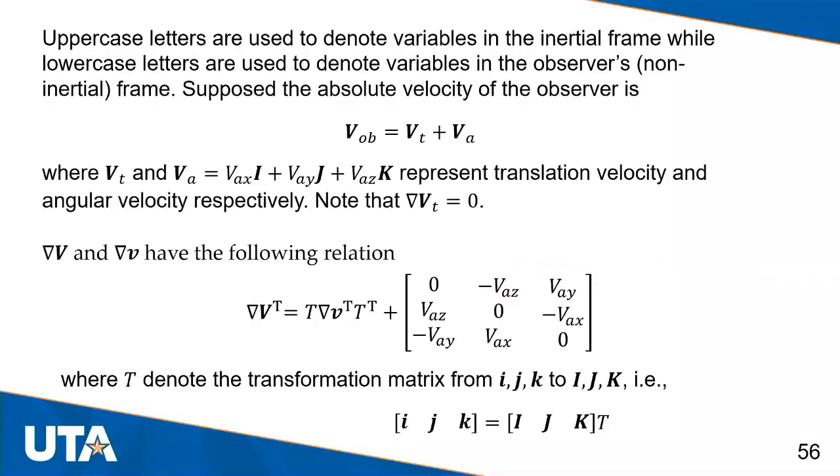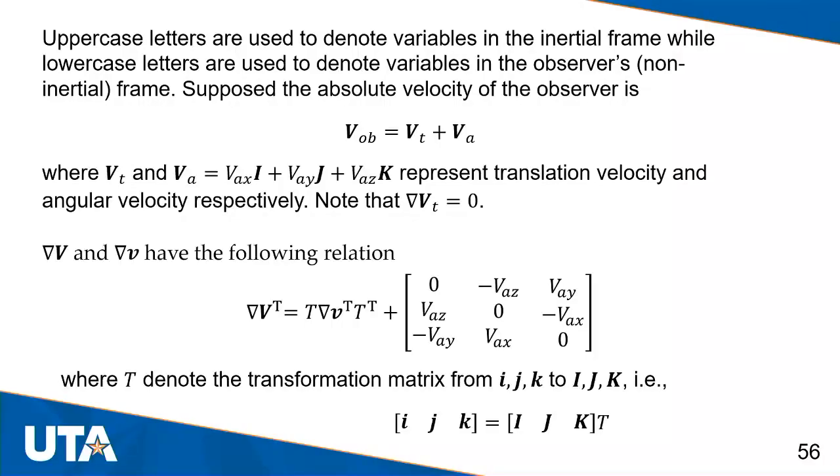So here I use the uppercase letter to denote the variable in an inertial frame, and use the lowercase letter to denote the variable in the observer's frame, and we assume the observer is a non-inertial observer, and suppose the observer is doing this moving.